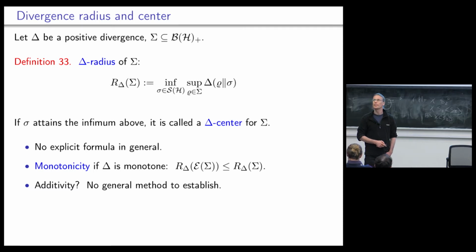Okay. Is there a simple example of a state that has high conditional mutual information? High conditional mutual information. Well, of course, you can take the C system to be trivial and get a maximally entangled state that's going to have a high conditional mutual information because it's just the unconditional mutual information.